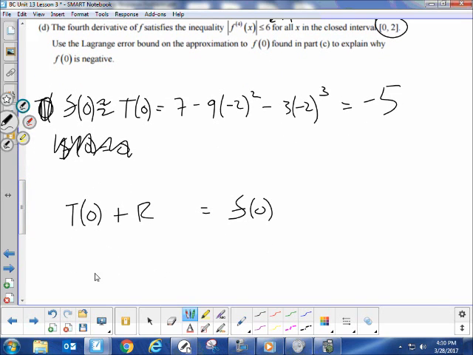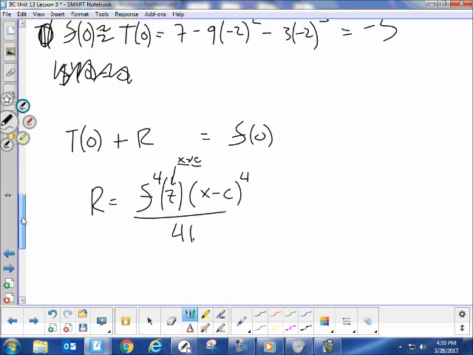Lagrange says that the remainder has to be the next term in our Taylor polynomial. So that'd be my fourth derivative at some value z, between x and c, or including x and c, times x minus c to the 4th power over 4 factorial, right?